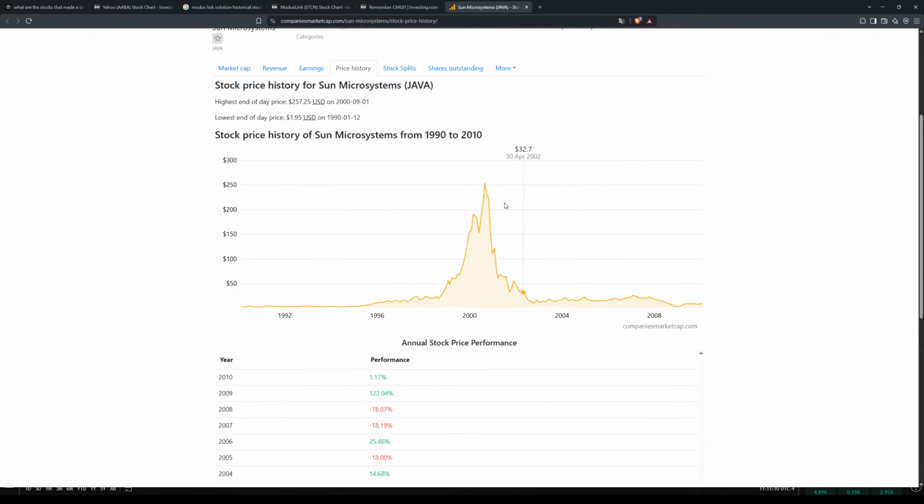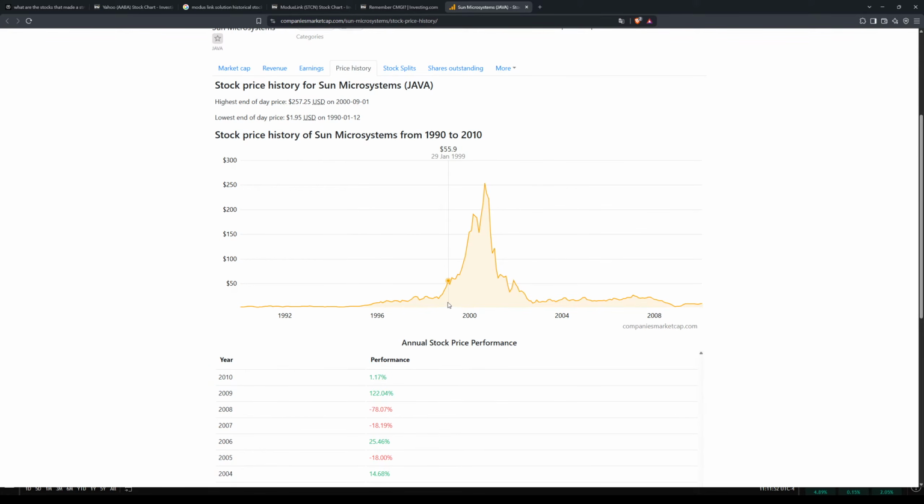So the last one will be this one, Sun Microsystems. This one starts taking off in August 1998, maybe one month before the Nasdaq lockout rally in late 1998.